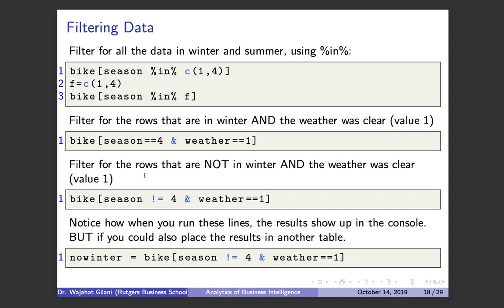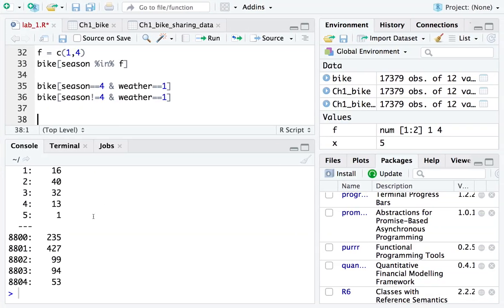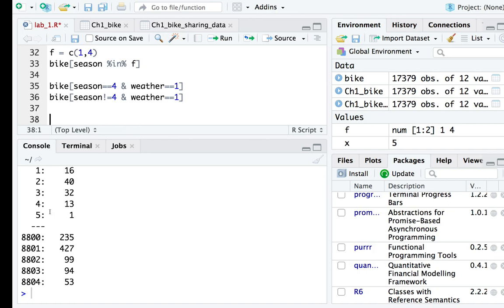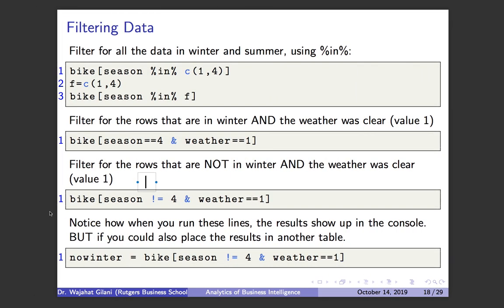Now, very important. Notice when we run these commands, a summarized version of the data shows up in the console. But we could easily just take these results and place them into another data container. Basically, it would be a data table.